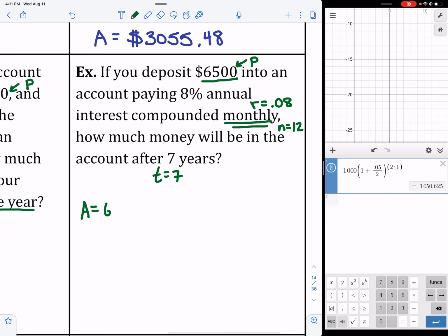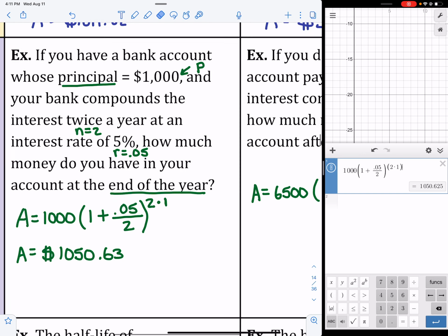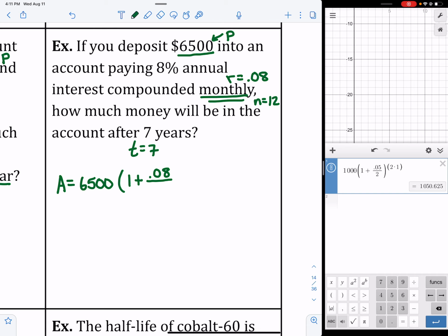So let's put A equals 6,500 for the initial amount. 1 plus the rate, which is 0.08, over N. Remember what our formula looks like. We've got to divide the rate by the number of times a year that it compounds, which was monthly. So let's put 12. Then also put 12 in the exponent on the outside of the parentheses, times 7 for our time.